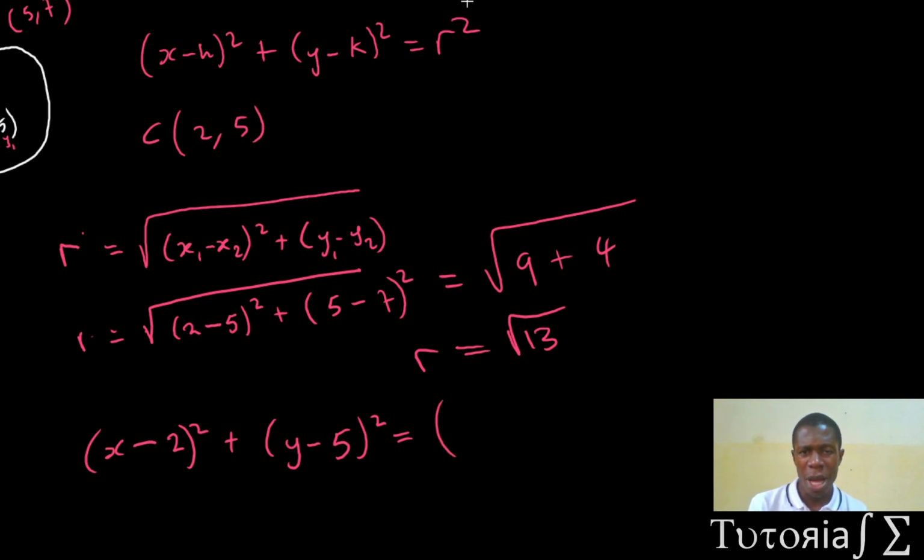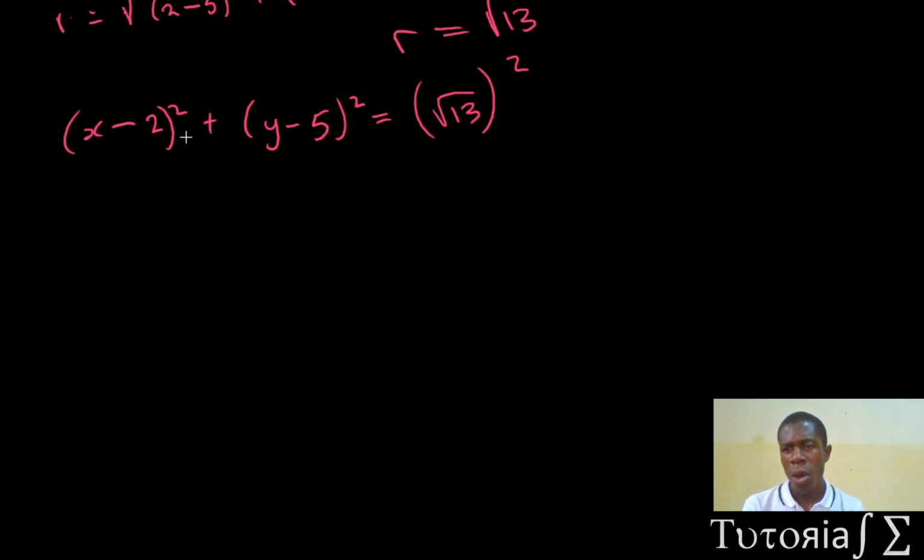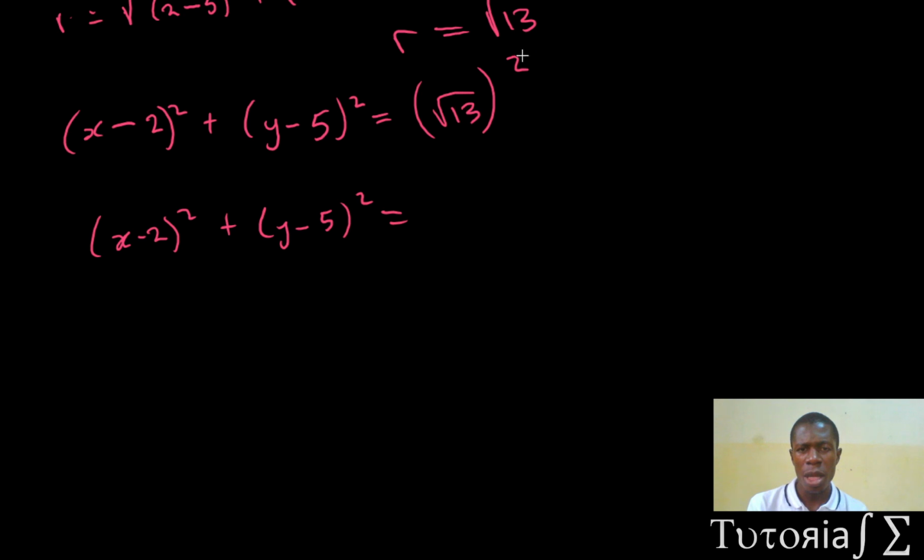Now, what we have is r, and they're looking for r squared. So r is root of 13, and we put a square there. So simplifying this, we're going to have x minus 2 squared plus y minus 5 squared is equal to root 13 squared, and that will cancel out, which is equal to 13.